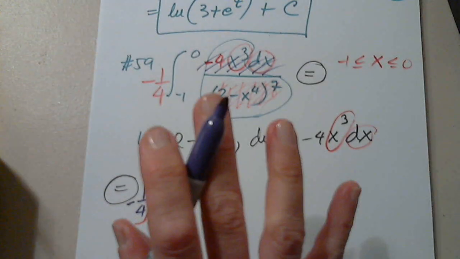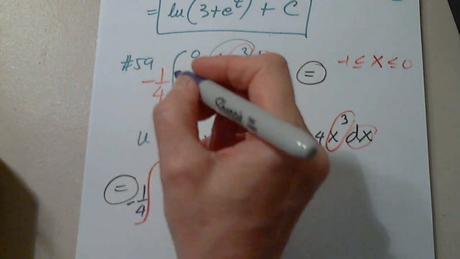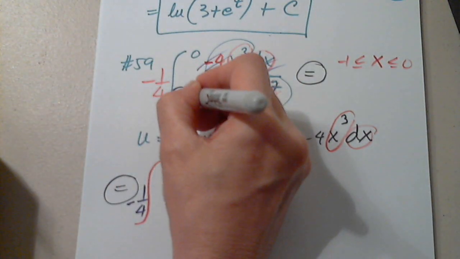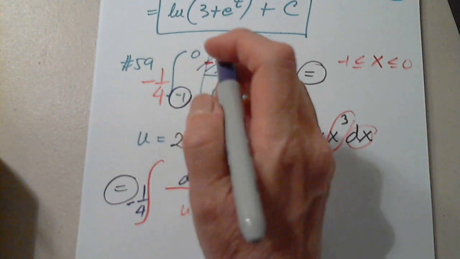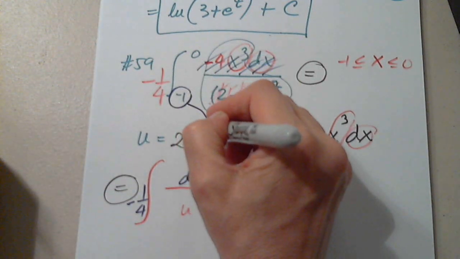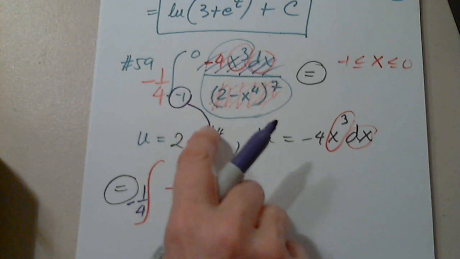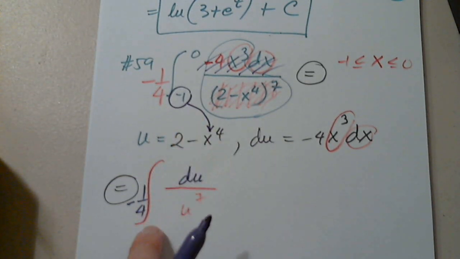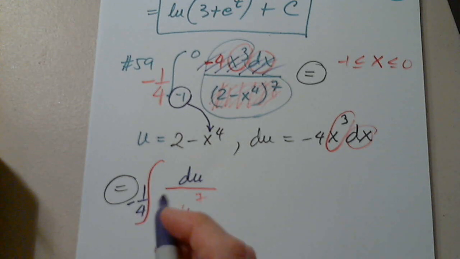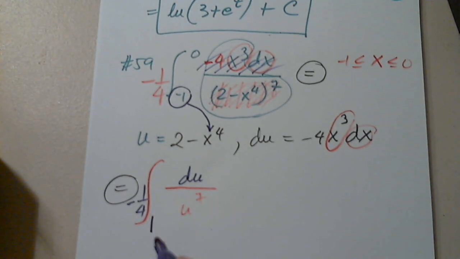Exactly. And now careful. When x is the lower limit, plug it in, and please give me the lower limit for u. Negative 1 to the fourth is 1. 2 minus 1 is? 1. That's it.